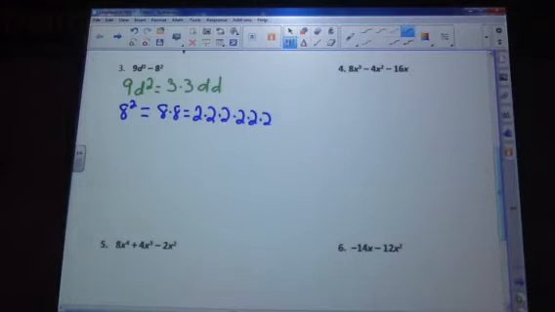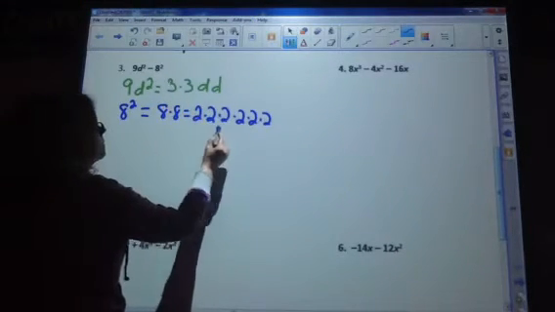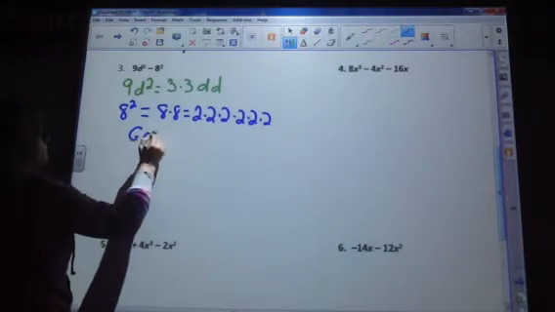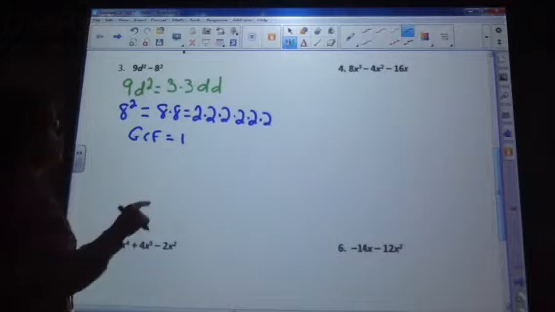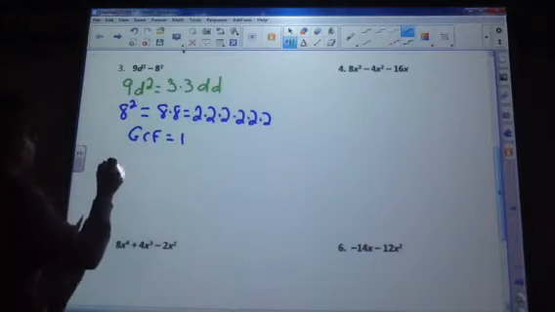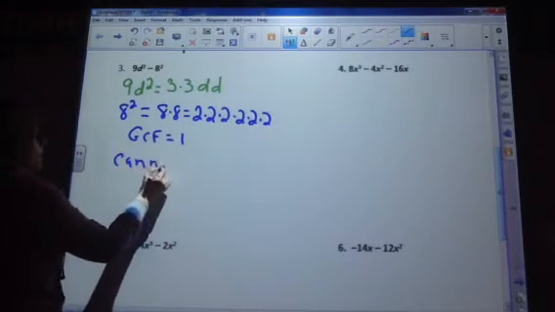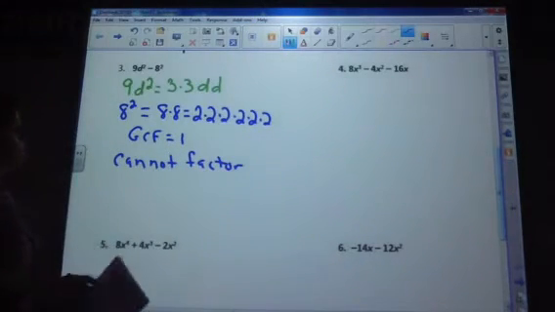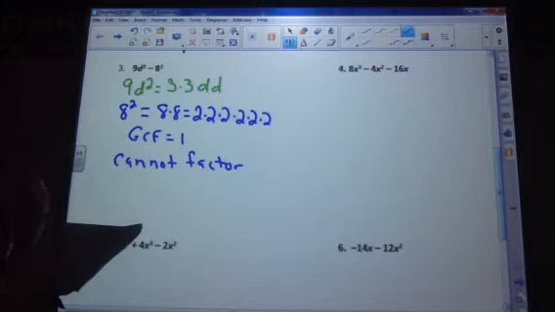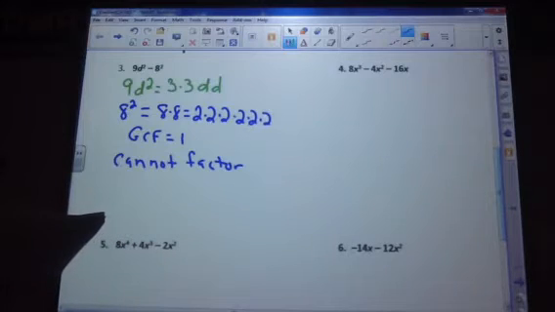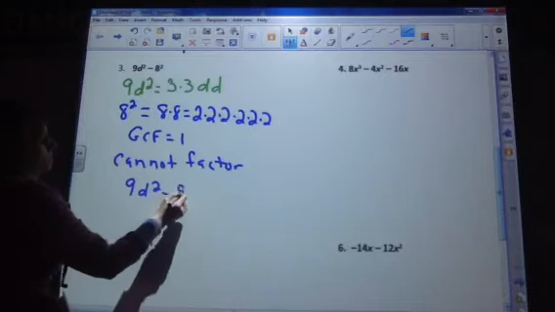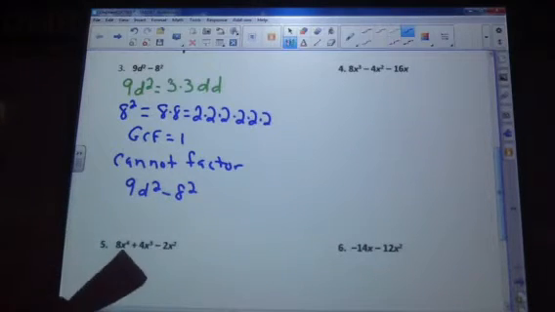All right, what do they have in common? The only factor they have in common is 1. So if the only factor they have in common is 1, you cannot factor this. You cannot factor that binomial. Okay?